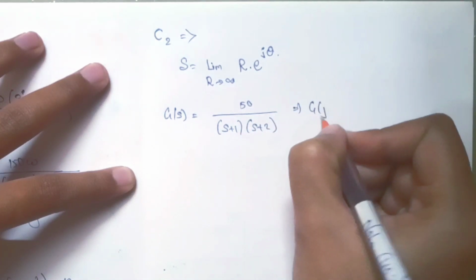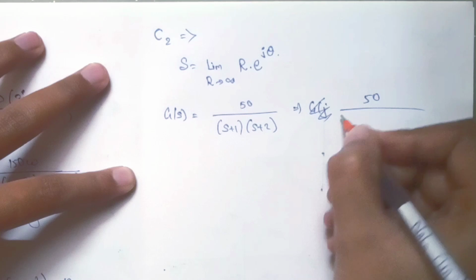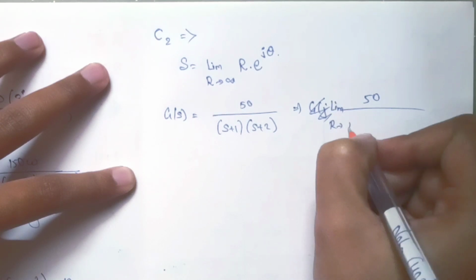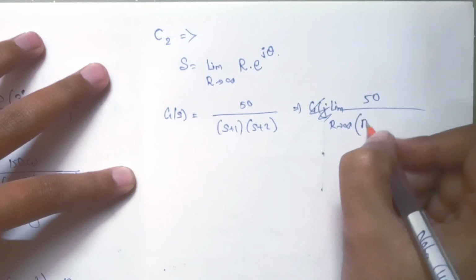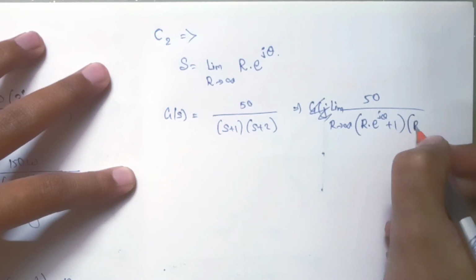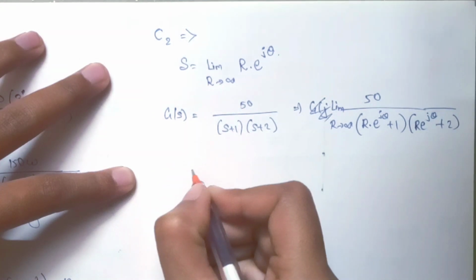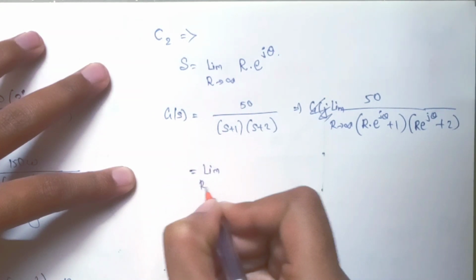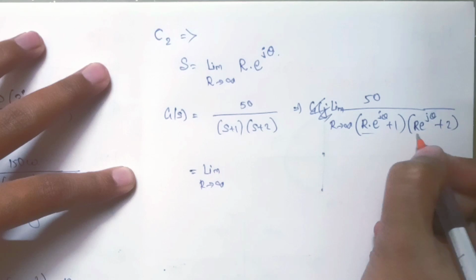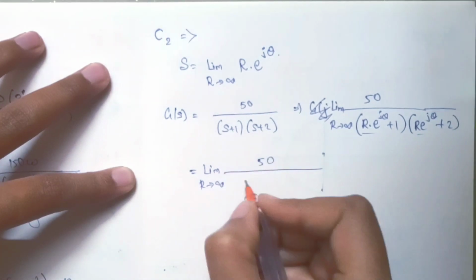This will become limit capital R tends to infinity, and this is R into e to power j theta plus 1 and R into e to power j theta plus 2. Now what we'll do is we will take R e to the power j theta out from the brackets.